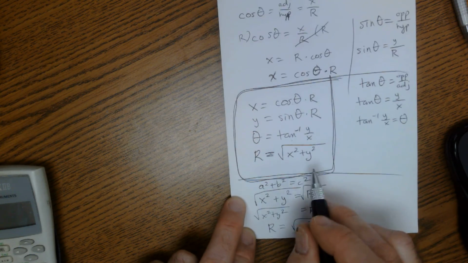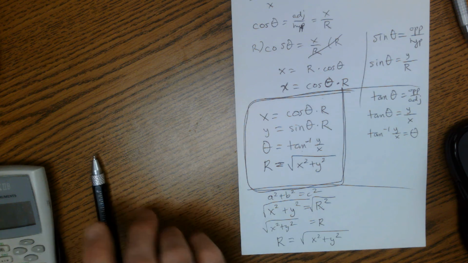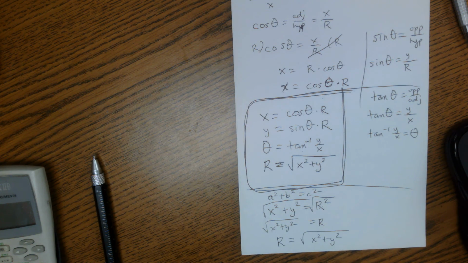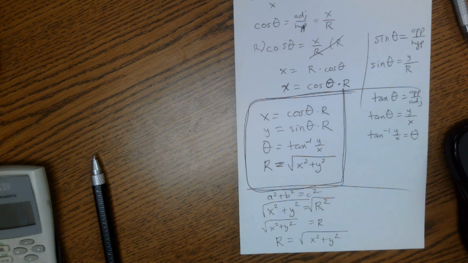And this right here becomes my formula pack for taking vectors, breaking them down into components, and then re-adding them together. So make sure that you have these 4 versions of those formulas handy in your formula sheet when you go to do problems like this.